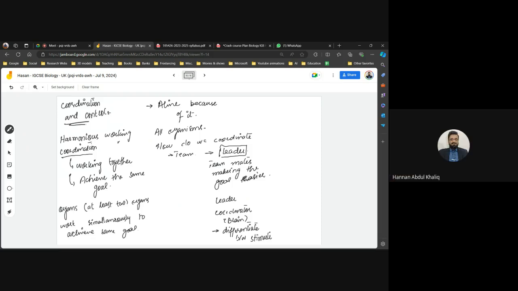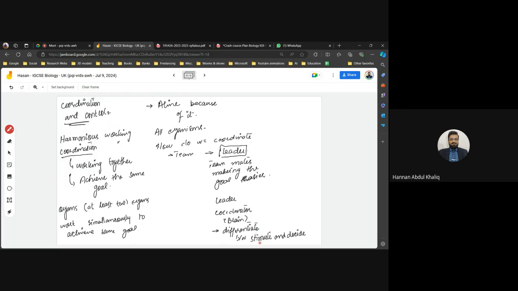The pancreas is the main organ, but remember that the pancreas is only able to do this: it can control the amount of sugar, nothing else. The brain is one of those organs which can differentiate between different stimuli, and it can decide. That is why we call it the coordinator or team leader.